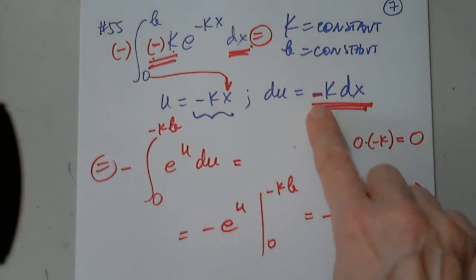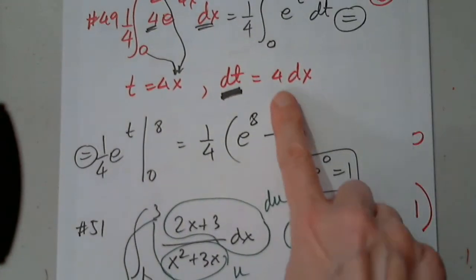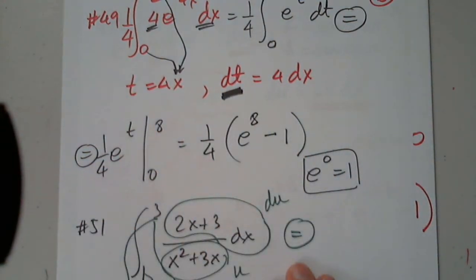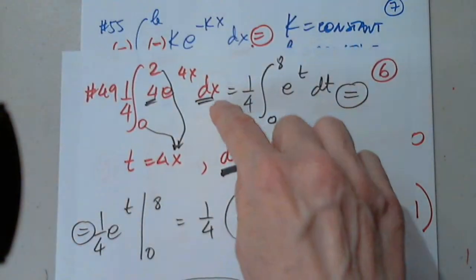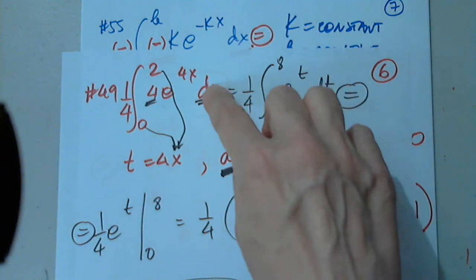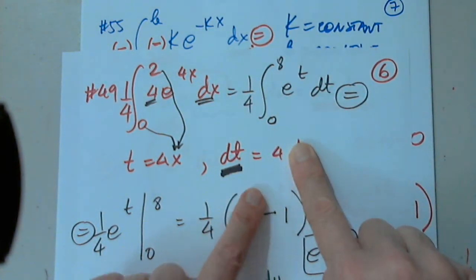So I needed to make up a factor of -1 here, and here I needed to make up a factor of 4. Another way, though these are too simple, I think, is to solve for dx. That's my opinion, but you can solve for dx. So then dx is dt over 4.